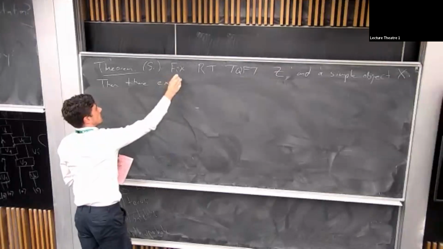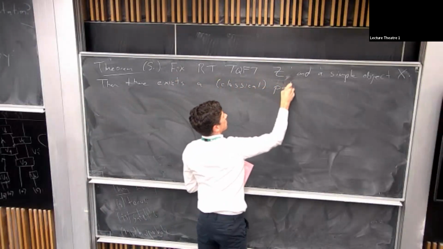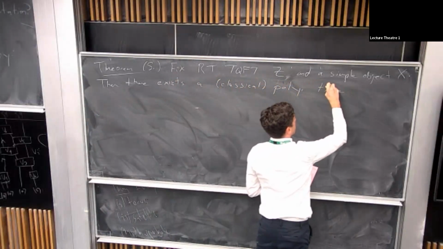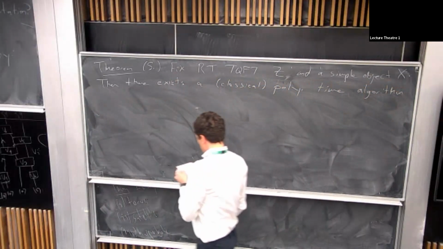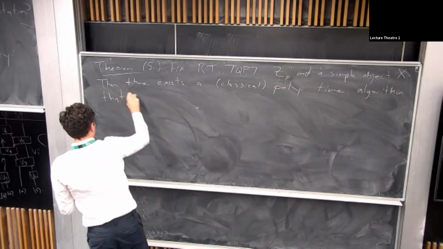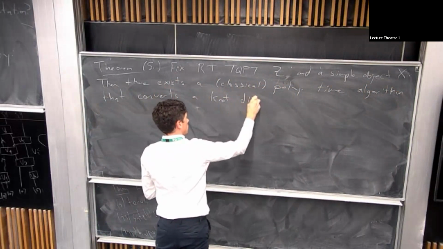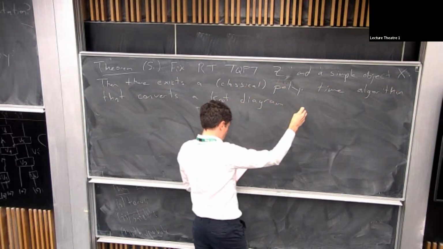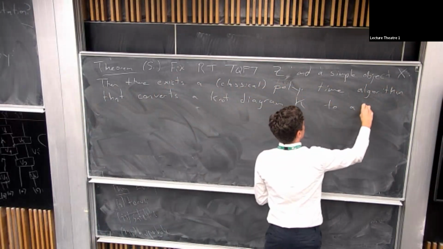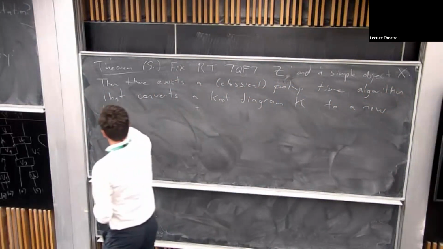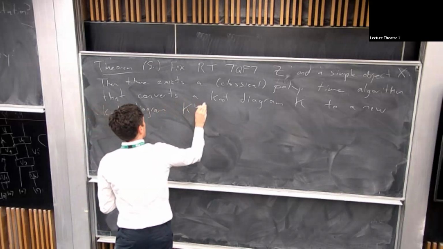There exists, maybe I should stress, a classical polynomial time algorithm that converts a given knot diagram K to a new knot diagram K prime, where K prime has the following properties.